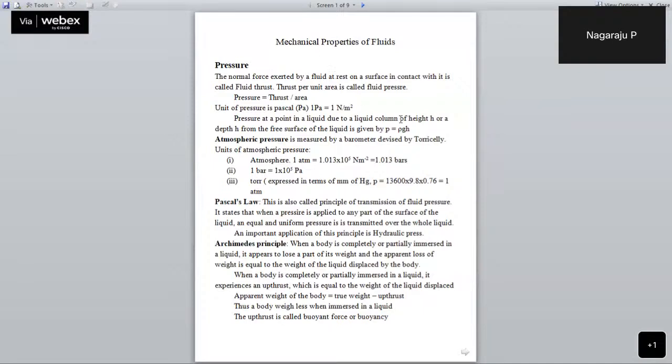Here I have used capital P by mistake, but pressure is denoted by small p, and power is denoted by capital P. The pressure p is equal to rho g h, where rho is the density of the fluid, in other words, the liquid, g is the acceleration due to gravity, and h is the height or the depth.